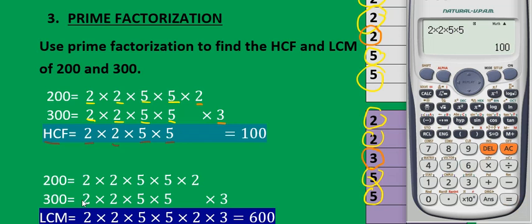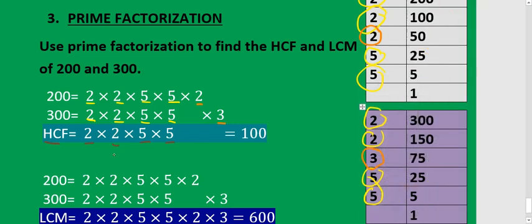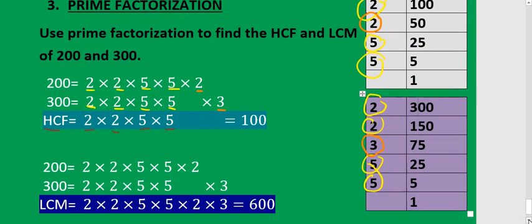For the LCM, you multiply all the factors they have in common, but also the factors that they do not have in common. Remember we said that 2 is in common, that 2 is in common, that 5 is in common, that 5 is in common, but that 2 is not in common. But to find the LCM, you multiply it also.